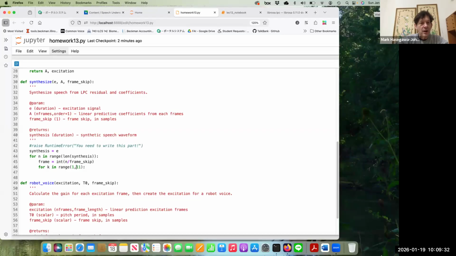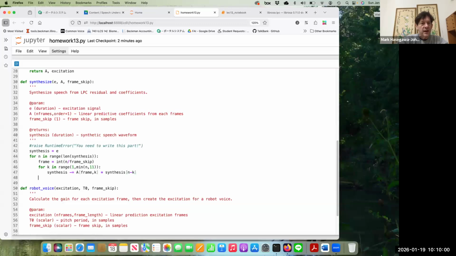And actually here, this sample number n might be less than 11, so we'd better make this the minimum of n or 11. All right, so for k in the range from 1 up to minimum of n or 11, we want to take the synthesis and subtract from it a of frame comma k times synthesis of n minus k, and then return the synthesis.